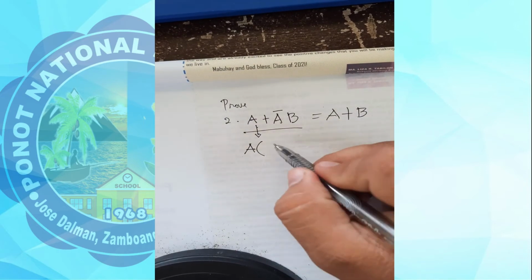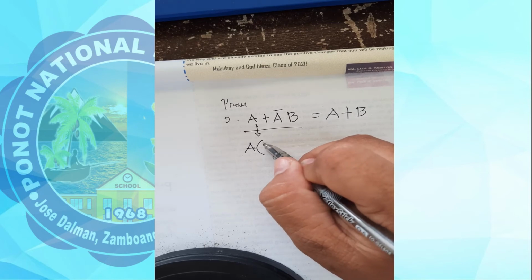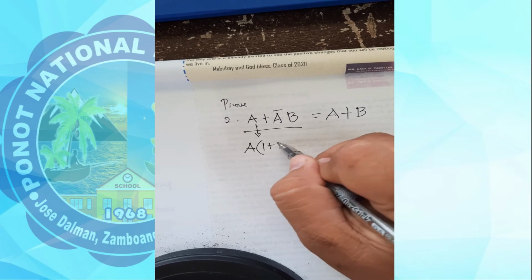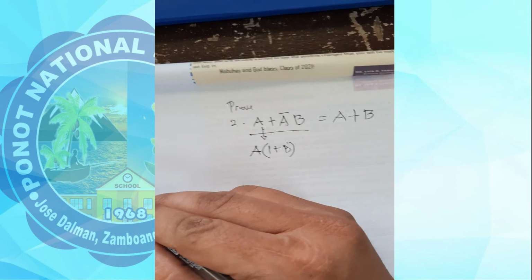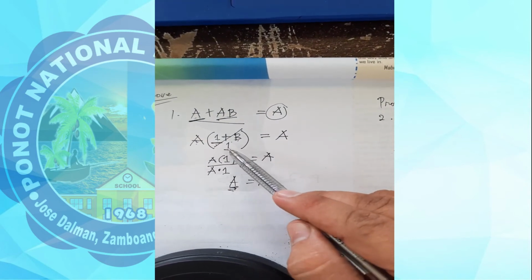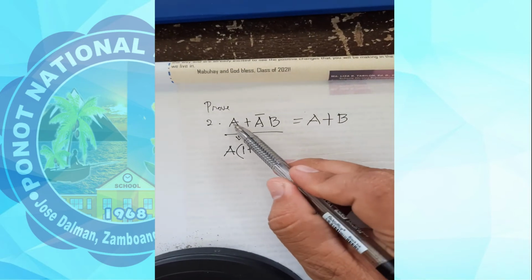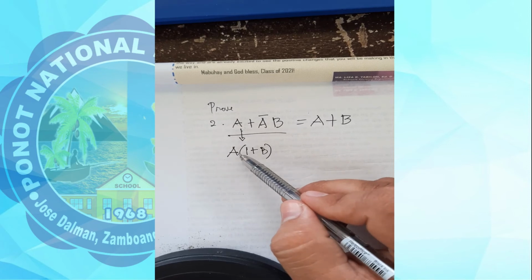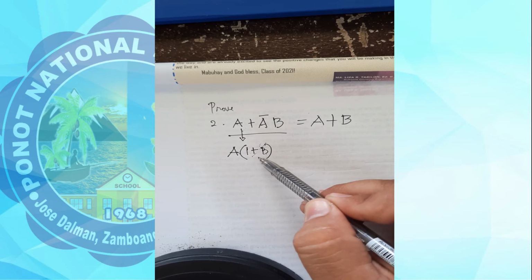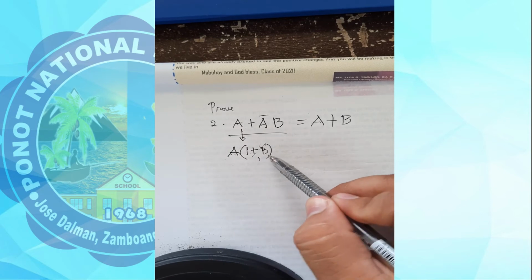Say, for example, let us multiply 1 plus B. We know that 1 plus B is 1, and A times 1 is A. So A can be rewritten as A times 1 plus B, because this is equivalent to 1, and 1 times A is A. We can rewrite it that way.